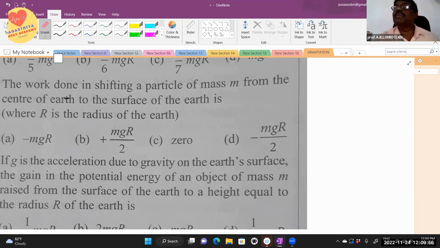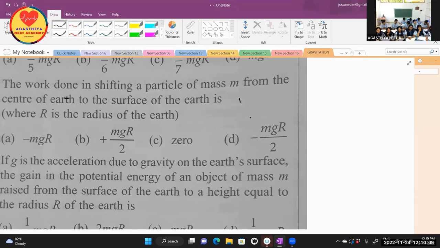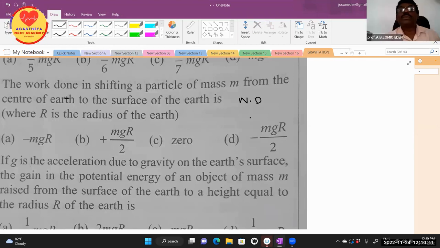Therefore, the work done is nothing but the gravitational potential energy. The difference of potential energy is called work done. Understand? Work done is equal to final potential energy minus initial potential energy.